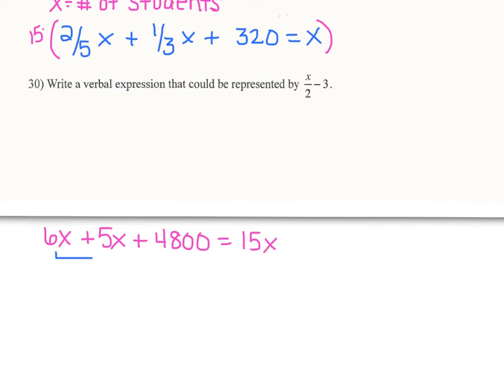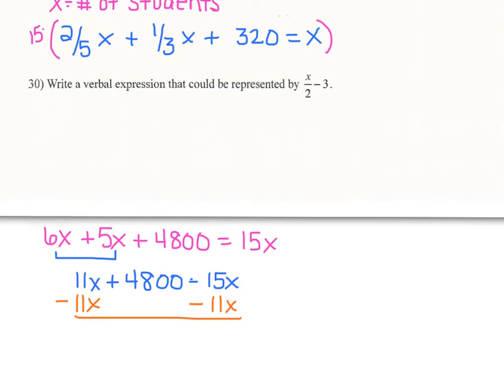So 6 and 5 together make 11x plus 4,800 equals 15x. Let's subtract 11x from each side. End up with 4,800 equals 4x.